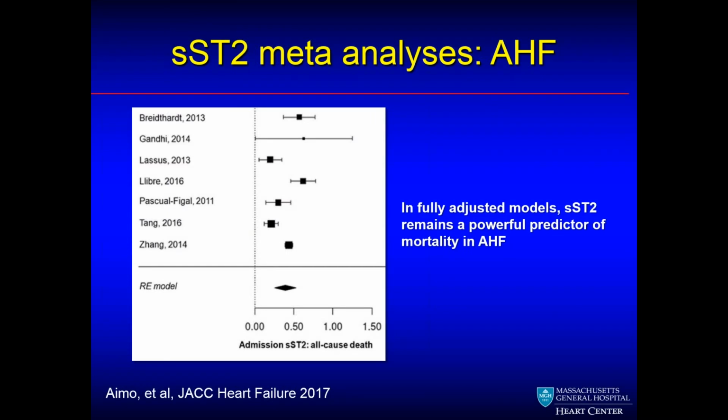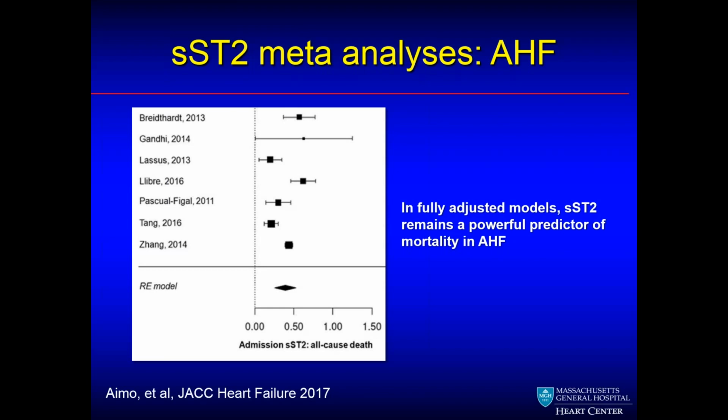And what we found across all of these various studies, including studies from Europe, the United States, and Asia, was that ST2 in fully adjusted models was a powerful predictor of mortality in acute heart failure. Now, I would point out that the ST2 concentration we used here was the admission ST2 value, but there's more to this story that I'm going to mention in just one second.